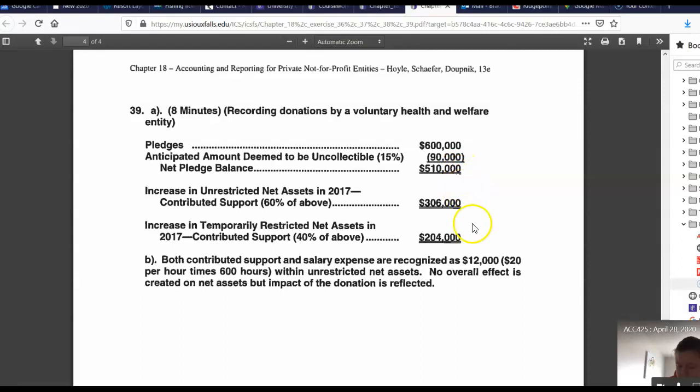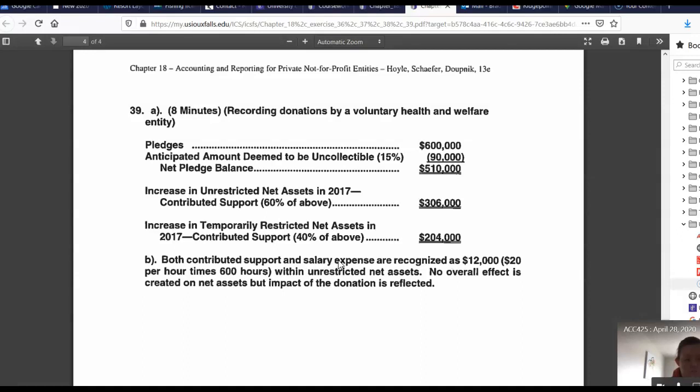So of that 510, we can put 306,000, or 60%, in unrestricted net assets. And we're not going to get the other 40% until the following year, so we're going to put that into temporary restricted. The rationale there is we're going to get what we're going to get in 17, and it said 60% of it.